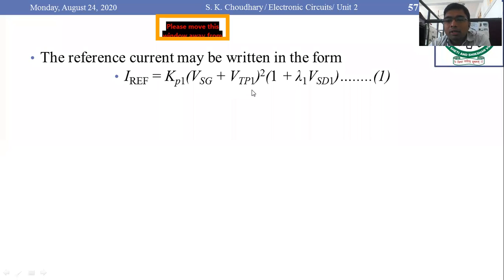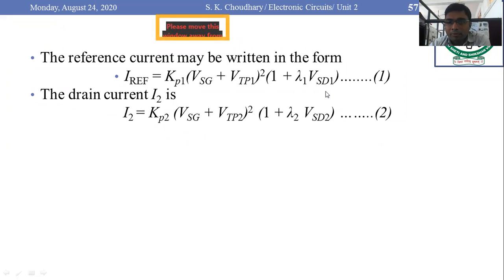But the threshold voltage, lambda, and source to drain voltage are identified by the transistor number because they are different for M1 and M2. In a similar fashion, we also define the I2 that is flowing across M2, which we have also assumed is biased in the saturation region. I2 is defined by the same formula, Kp2 Vsg plus Vtp2 whole square into 1 plus lambda 2 Vsd2. This is equation number 2.